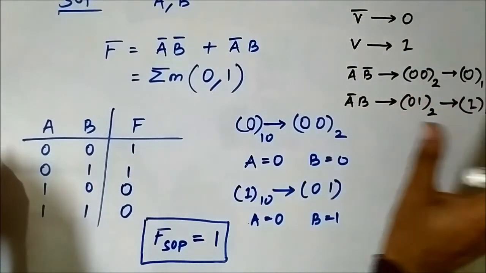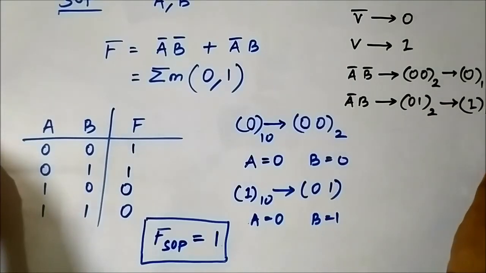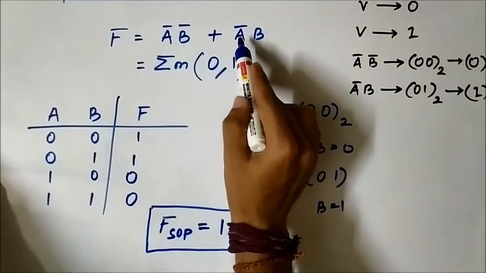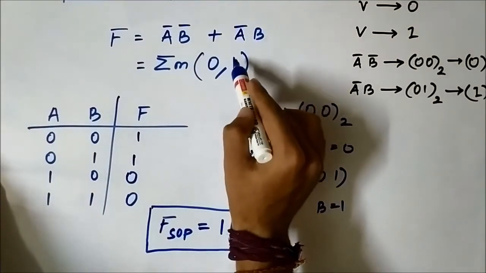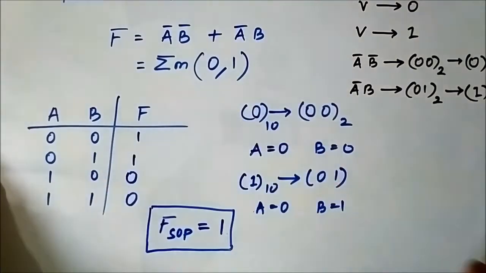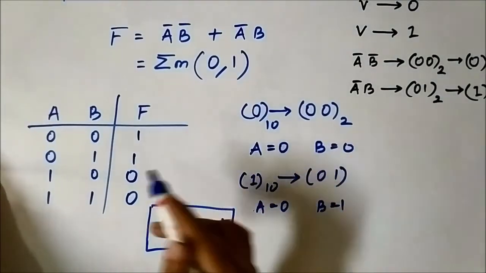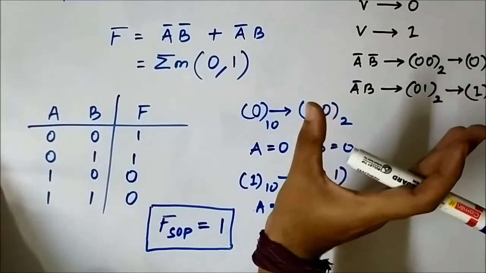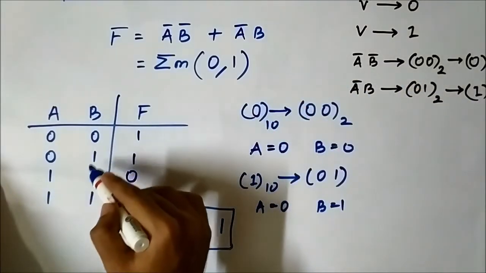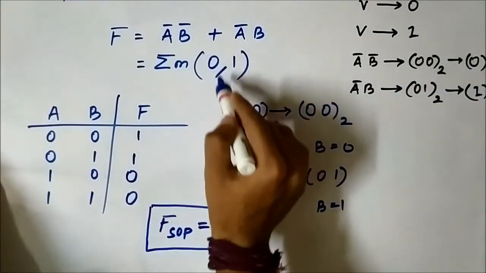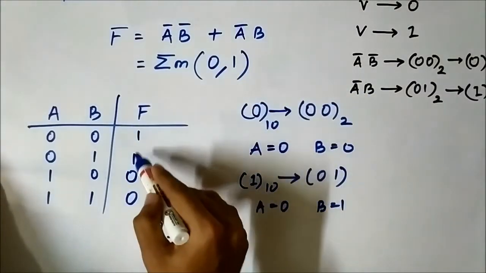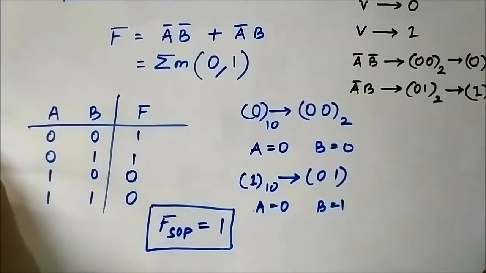I have already discussed these things in detail in the SOP basic concepts. You can please check out that video. And similarly at A bar B, that is A is 0, B is 1, which means at 0 1, the Boolean expression is 1, and at all those other input combinations, that is A is 1, B is 0, A is 1, B is 1, which are not present in this min term list, in this bracket, at those the value of the Boolean expression will be 0 or logic low.